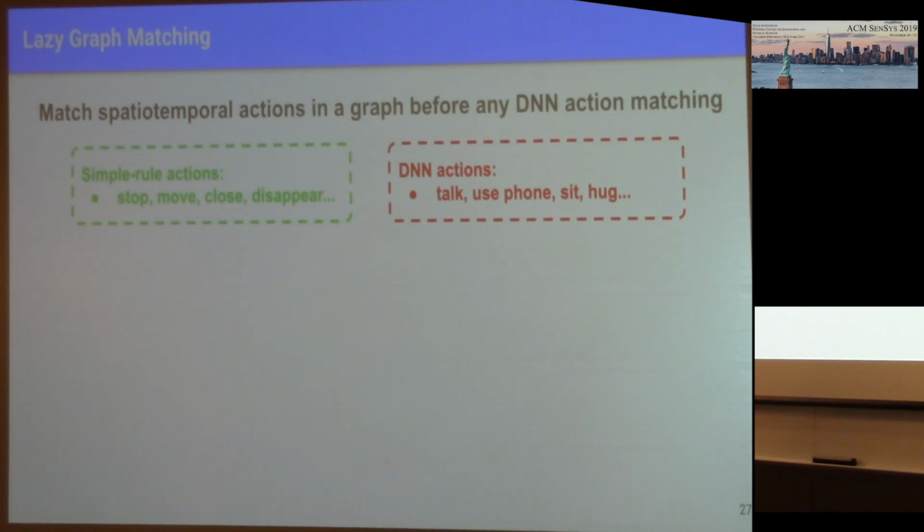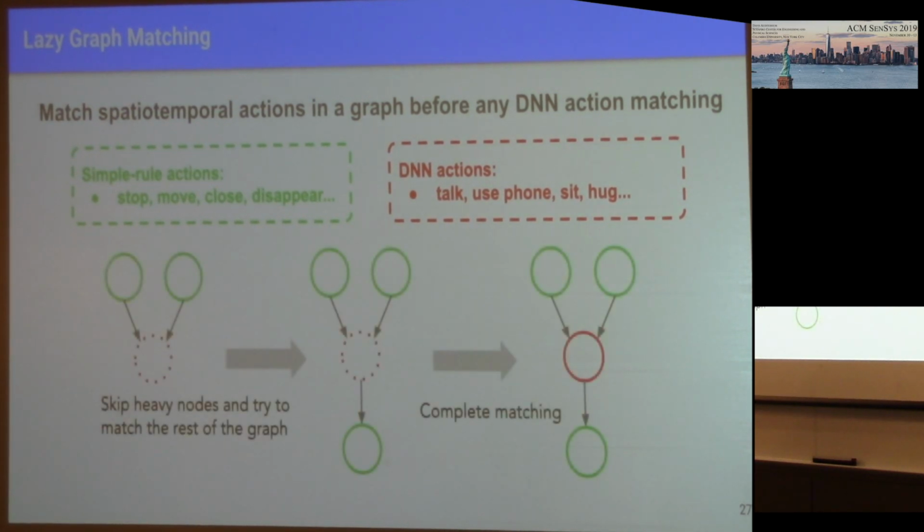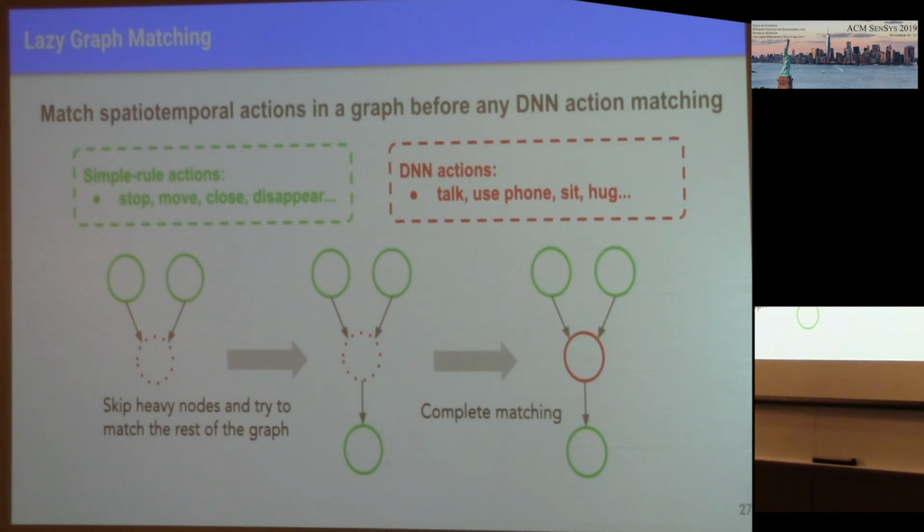We have the insight that in the previous graph definition, we can actually classify those atomic actions into two categories. The first is simple rule-generated actions, like stop, move, getting closer, disappear, and so on. The other type is DNN generated. The second type must require the DNN to run to get those actions. So we have an idea. Instead of matching the graph frame by frame, how about we first try to match all those simple rule actions?